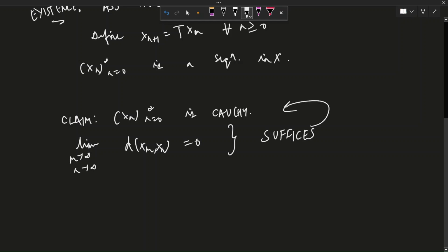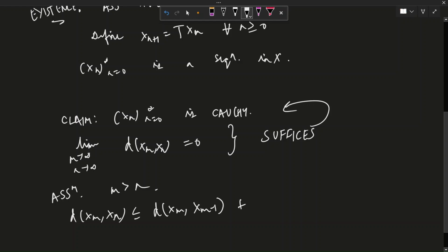Now let us assume that the index m is larger than the index n, and I'm going to apply the triangle inequality of the metric on these two terms. Notice that these are fixed right now for the moment. So the distance between x_m and x_n will be less than or equal to, well, all the middlemen will come here, right? And till what point is this going to happen? Just the last one.